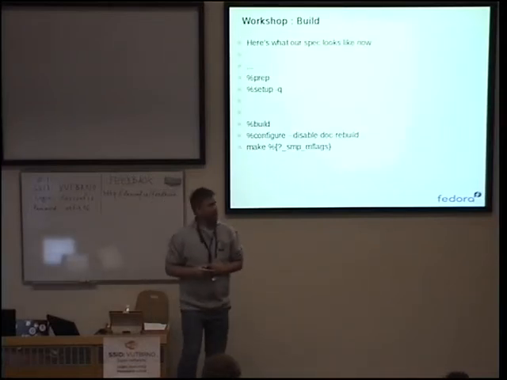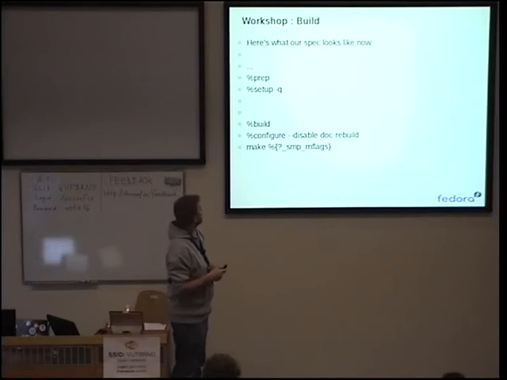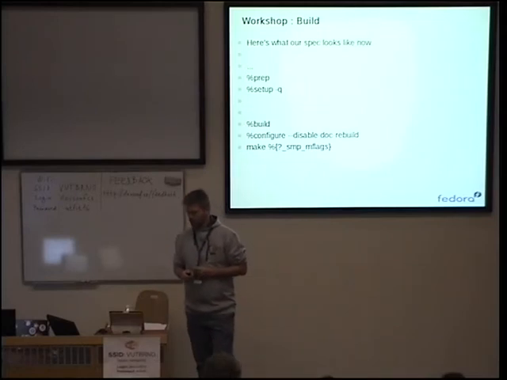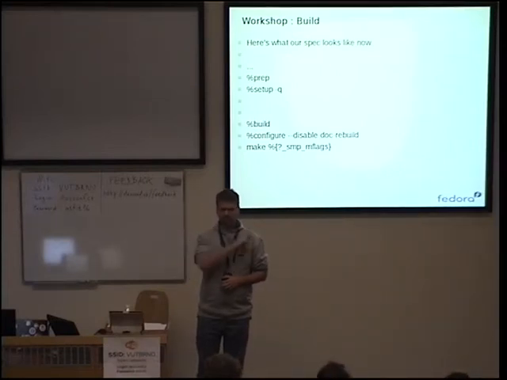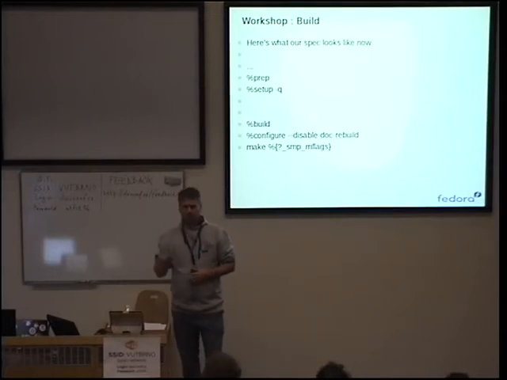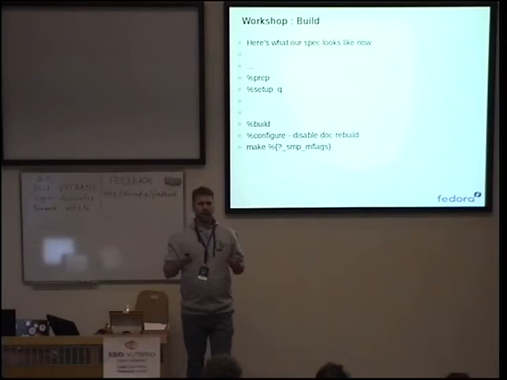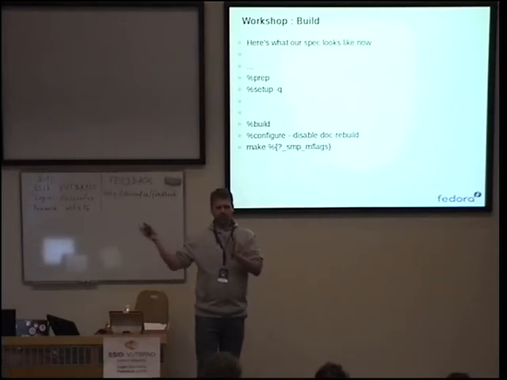So here is our spec, how it should be. In our case, you should pass to configure --disable-rebuild. We are rebuilding documentation. This is a common practice to disable the rebuild. That's special for enum. So, for example, you can pass to configure --with something.